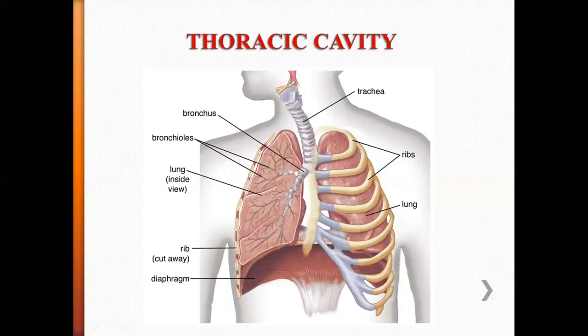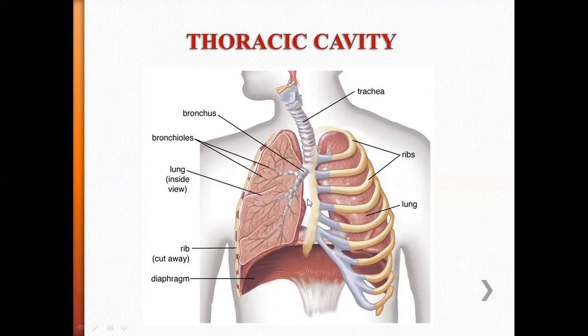Now let's see the lungs. There is a right lung and a left lung, and in between these two lungs the heart is situated. These are all covered by our thoracic cage: anteriorly the sternum, on either side the costal cartilages and ribs, and posteriorly the thoracic vertebrae.